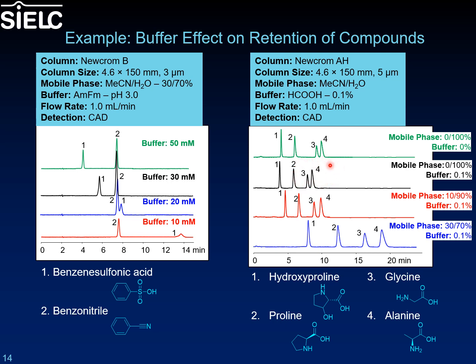But if we start increasing the concentration of acetonitrile, the organic modifier, and we keep the increase in buffer, we then start seeing that we can resolve peaks 3 and 4 from one another, to the point where, when we move to a 30% acetonitrile in water mobile phase with 0.1% formic acid buffer, we can actually have very efficient and substantive separation of all 4 amino acid compounds.